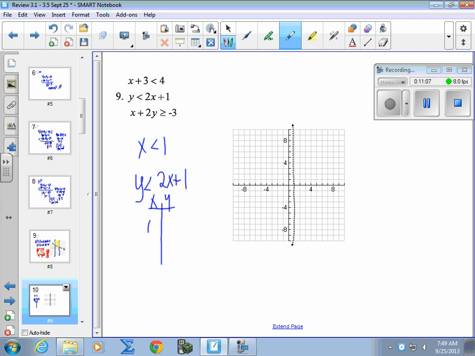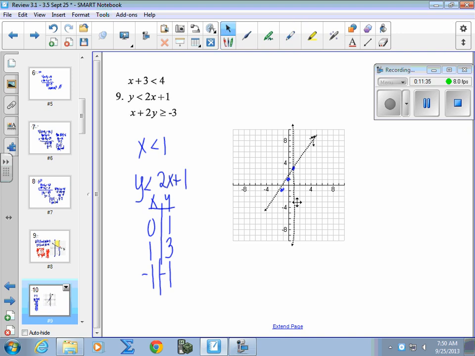I'm going to plug in 0 and get 1, 1 and get 3, negative 1 and get negative 1. Everybody okay with that? So I have 0 and 1, I have 1 and 3, and I have negative 1 and negative 1. It is also a dotted line, so I have a dotted line, something like that.